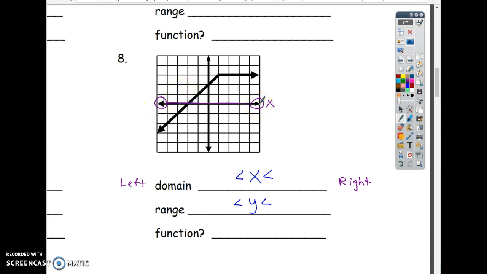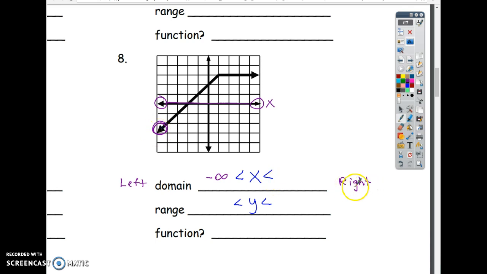So from left to right, what is the leftmost point? This arrow tells me that it's going to keep going forever and ever and ever to the left. It's never going to stop. So this is going to be negative infinity. It's not the 2. That's not where it stops. Where does it stop? Never. Negative infinity. Okay? Nunca para.